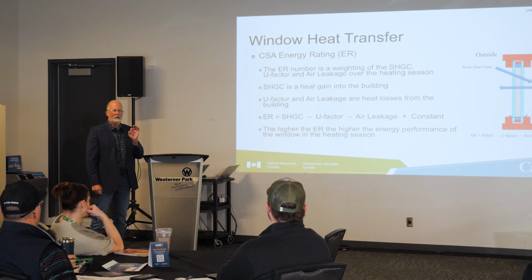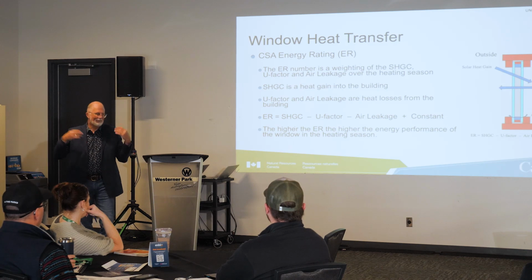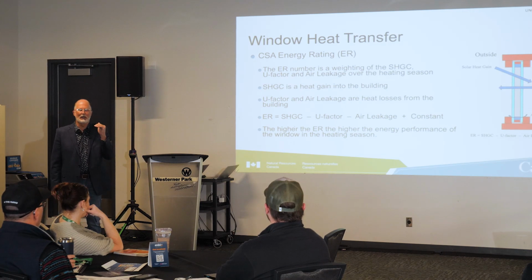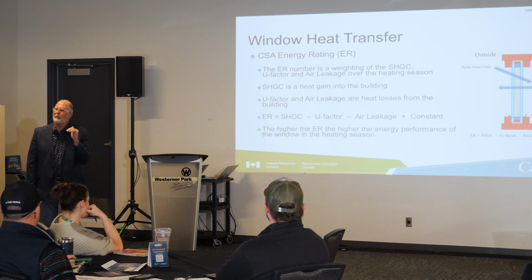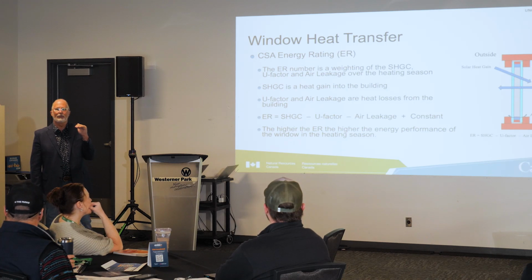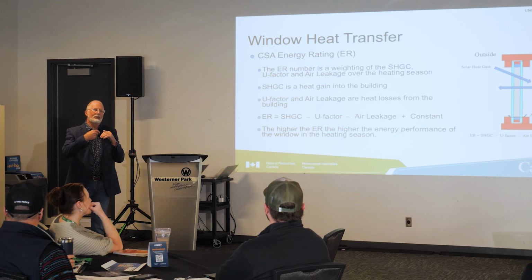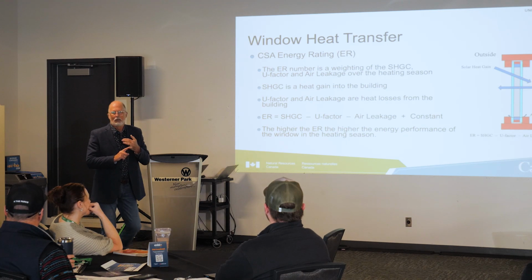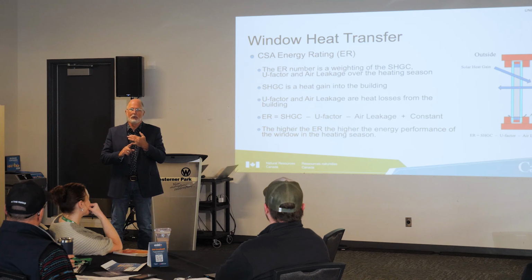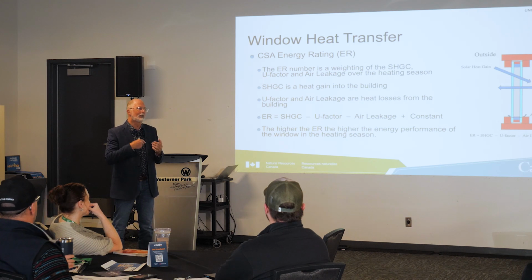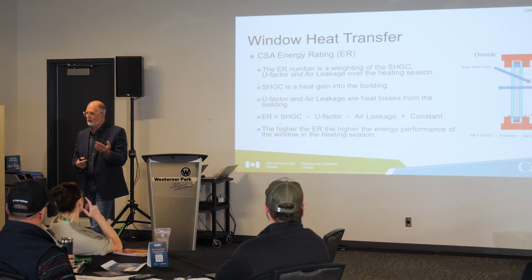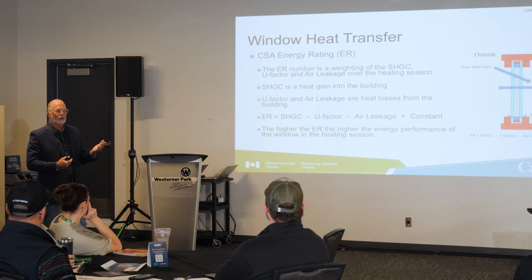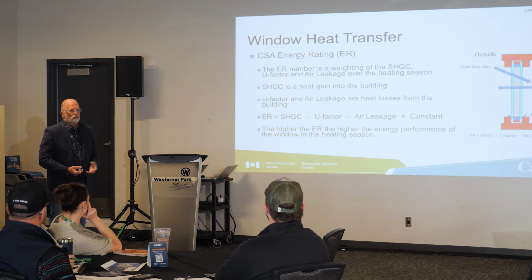You're good with this? Anyway, what it really is, it's a formula to calculate, and there's no test on this at the end, so no worries. It's a formula to calculate how that window is going to perform. So I know when we started doing energy modeling in 2016 to the new code, window manufacturers would send us literature, and we're trying to do performance modeling, and they'd send us the window schedule, and they say, well, these windows are a 25 ER.